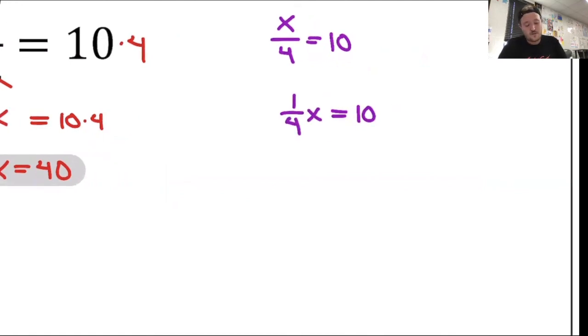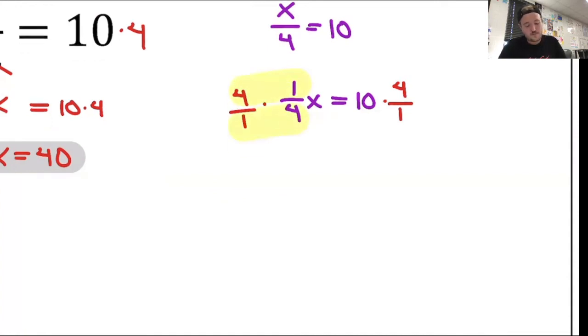Now here I have 1 divided by 4. Because I'm dividing by 4, I'm going to multiply both sides by 4. When I multiply by 4, I'm actually multiplying by 4 over 1. When you multiply fractions, remember you're multiplying across. So 4 times 1 and 1 times 4.